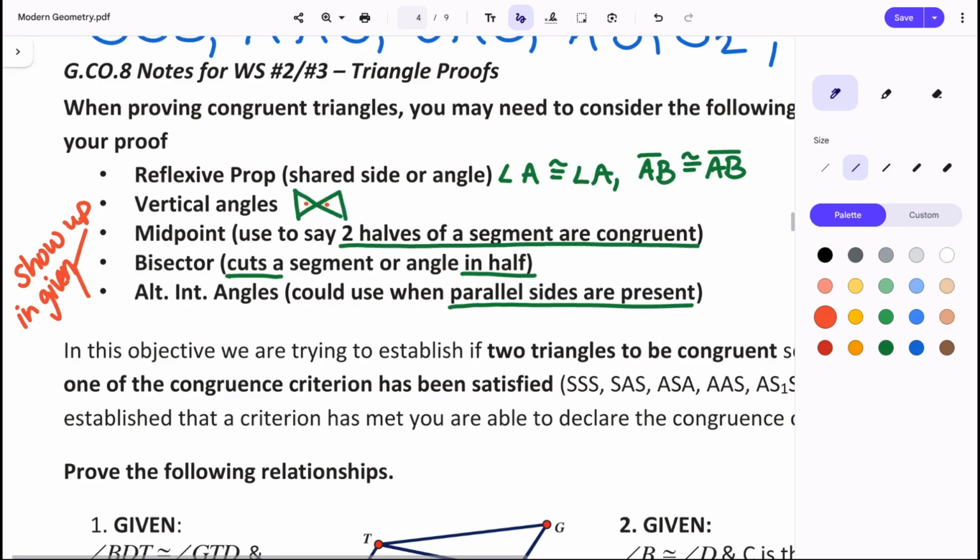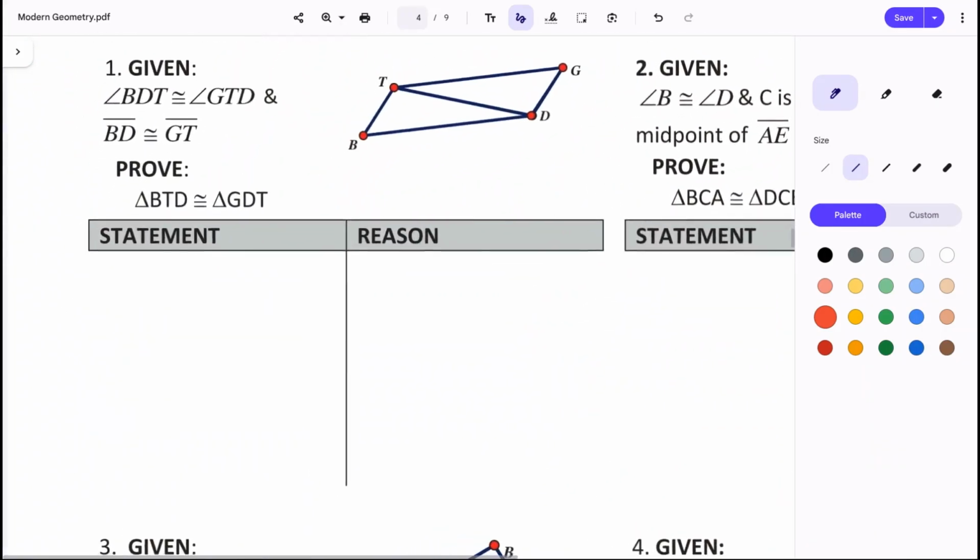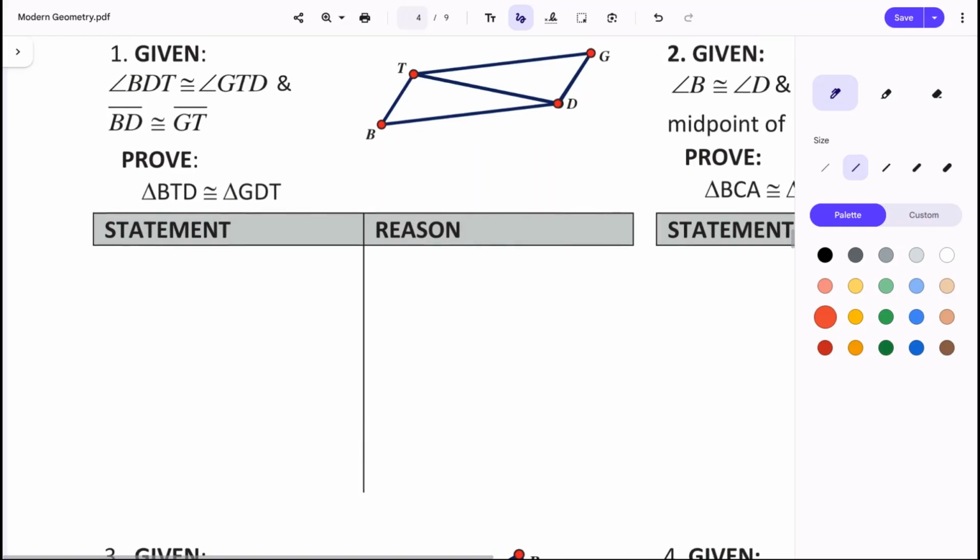All right, so I want to get in now to the first one down here below. Number 1. Okay, and these are going to start out the same way as they did when we did them in the last chapter. We always start with what? Given. So let's write down, everybody, write down all of your given information.